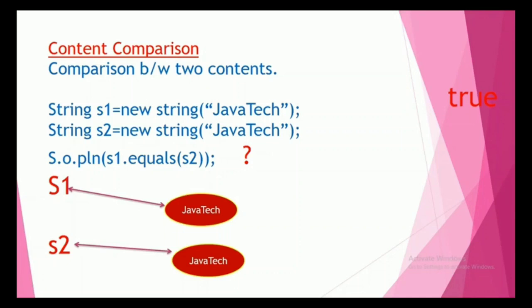Here I am printing my statement like S1 dot equals S2. The dot equals method compares only the content in the object, so here I will get the answer true. In the diagram you can see S1 pointing to JavaTech and S2 also pointing to JavaTech. The comparison between the content is the same, so obviously my answer will be true.